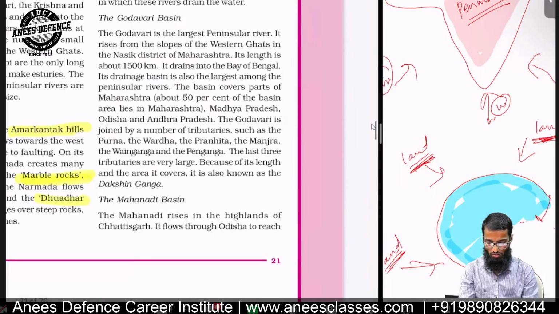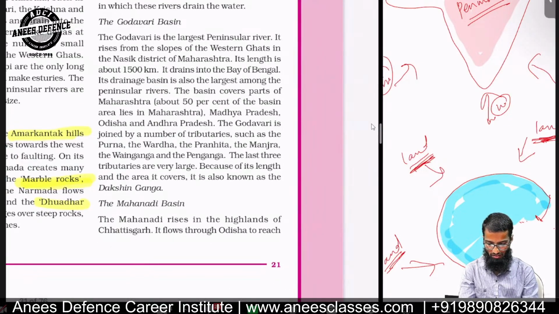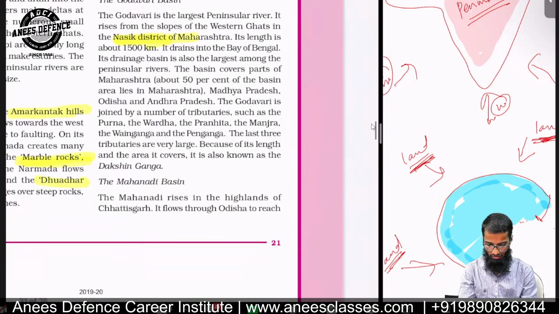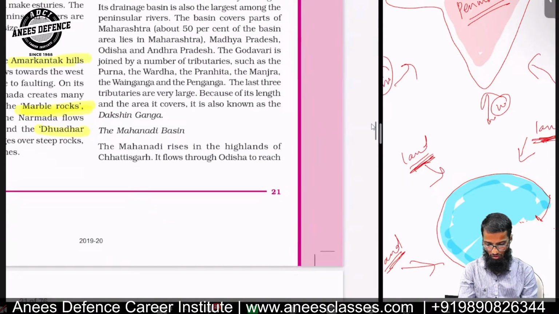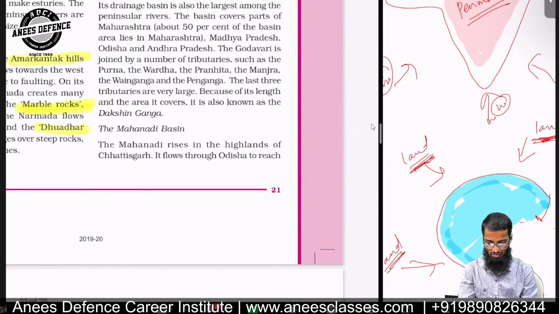Now Godavari. Godavari is the largest peninsular river, rising near Trimbakeshwar. Trimbakeshwar is in Nashik. Then Godavari is joined by various tributaries like Purna, Wardha, Pranhita, Manjra, Wainganga, Penganga. These are the tributaries.